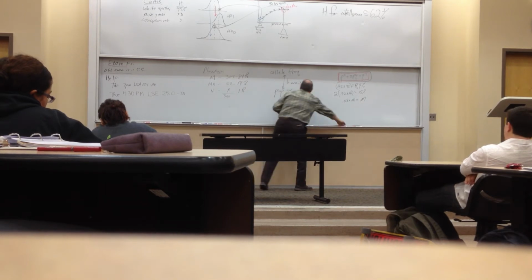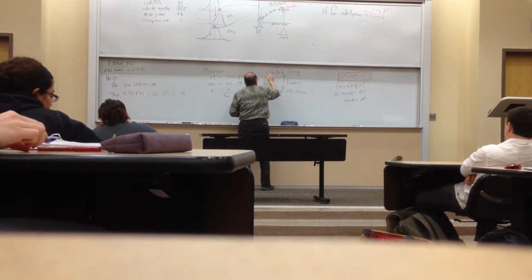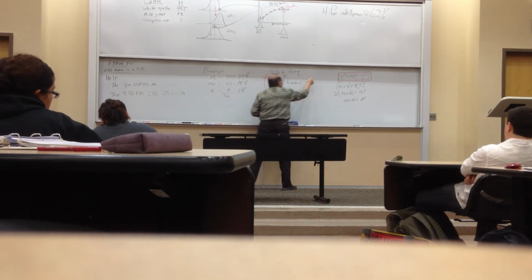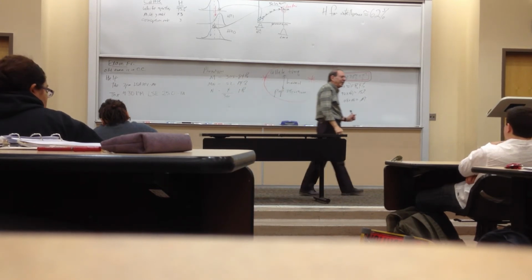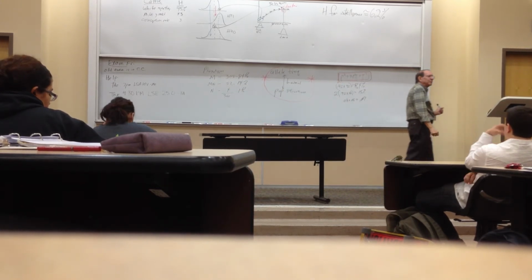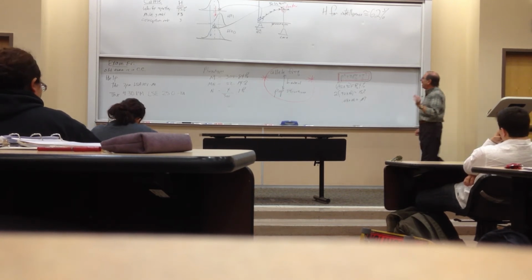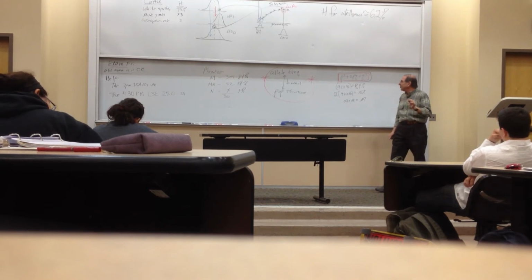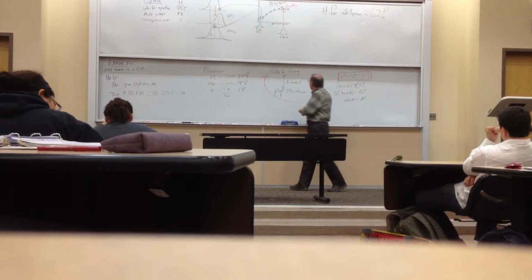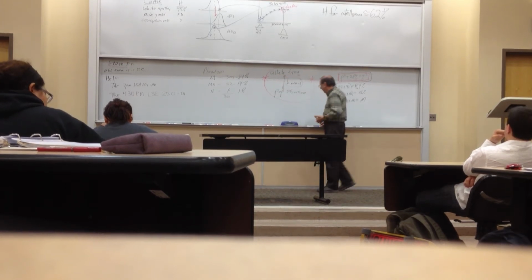So this is the be-all, end-all, do-all for this chapter. Everything that we do in this chapter is going to be about going back and forth between allele frequency and population structure, and the binomial is the key to how that's done.